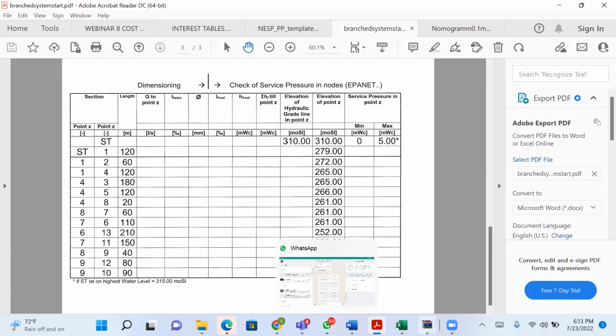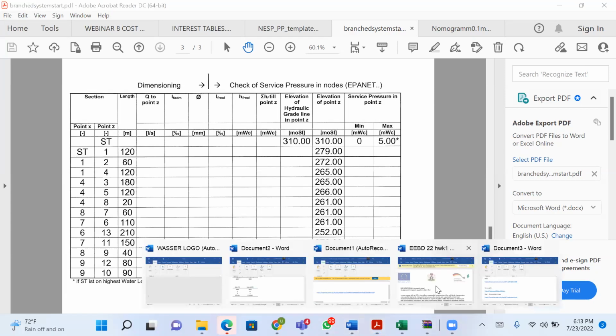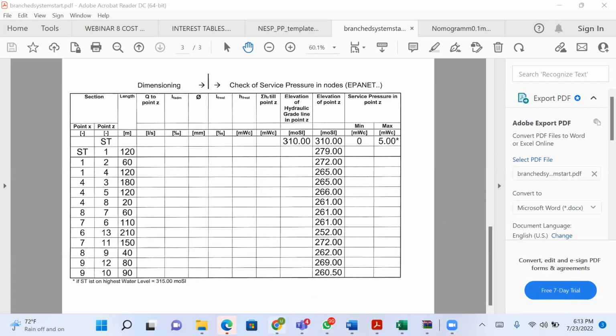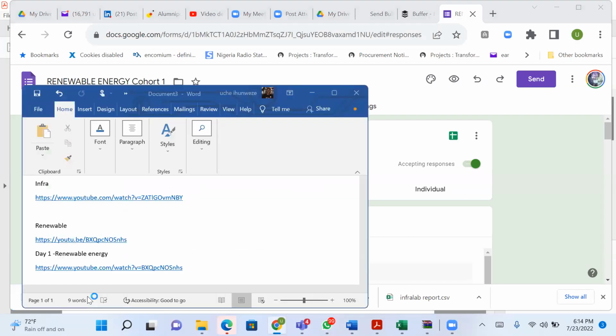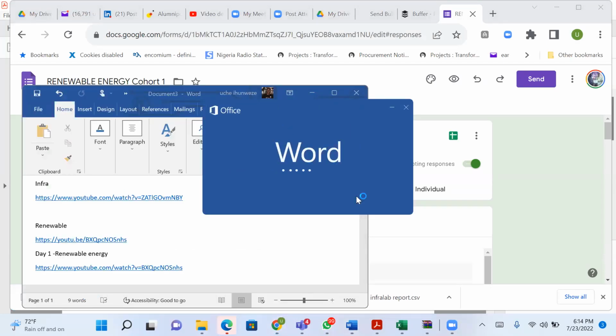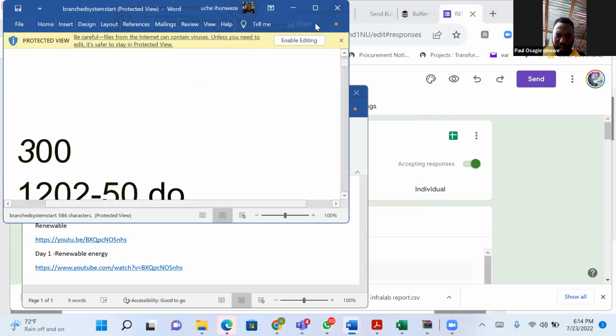So all we need to do is for us to study the material we have downloaded. The ABC design, I think I've shared with us.